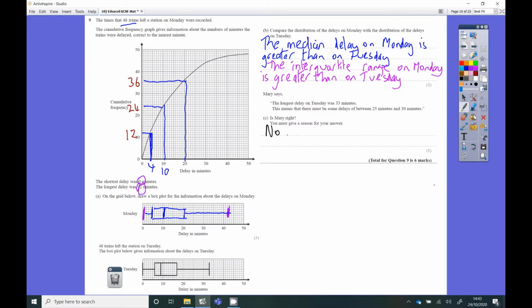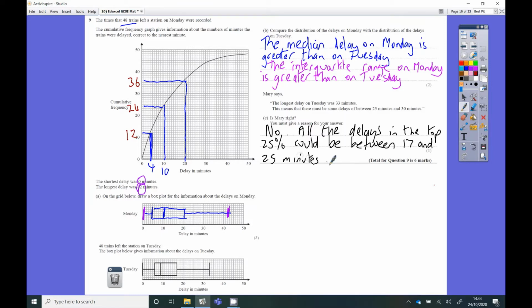Okay, so no, all the delays in the top 25% could be between 17 and 25 minutes, or between 30 and 33 minutes.